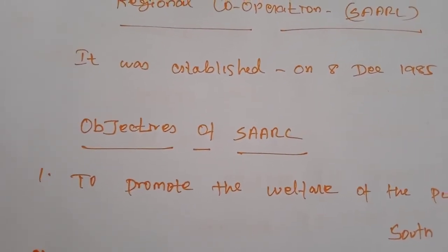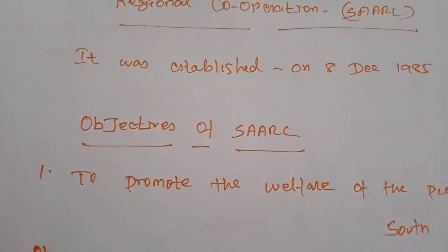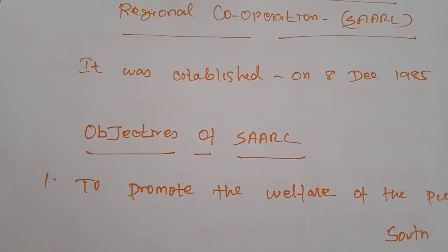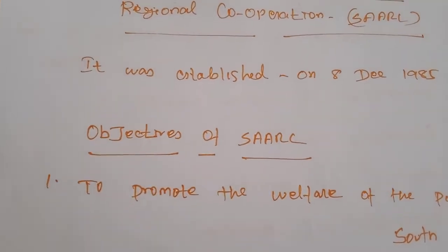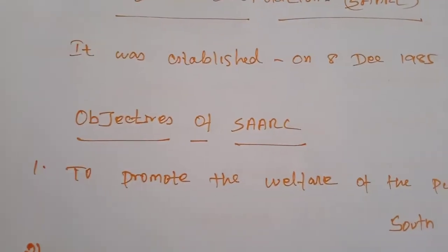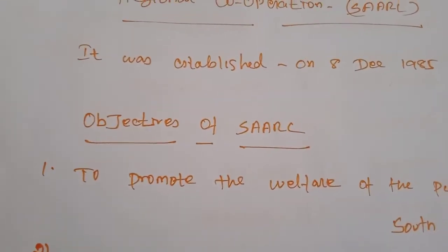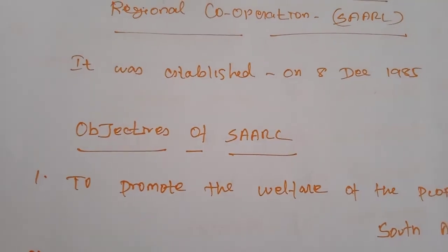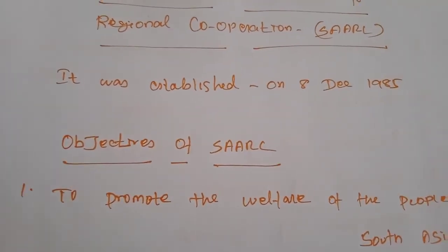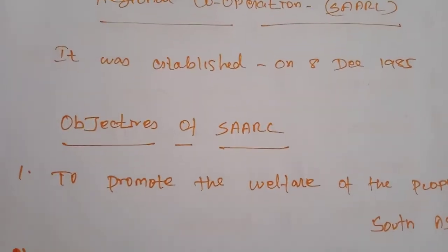The basic aim of the organization is to accelerate the process of economic and social development of member states through joint action in the agreed areas of cooperation.